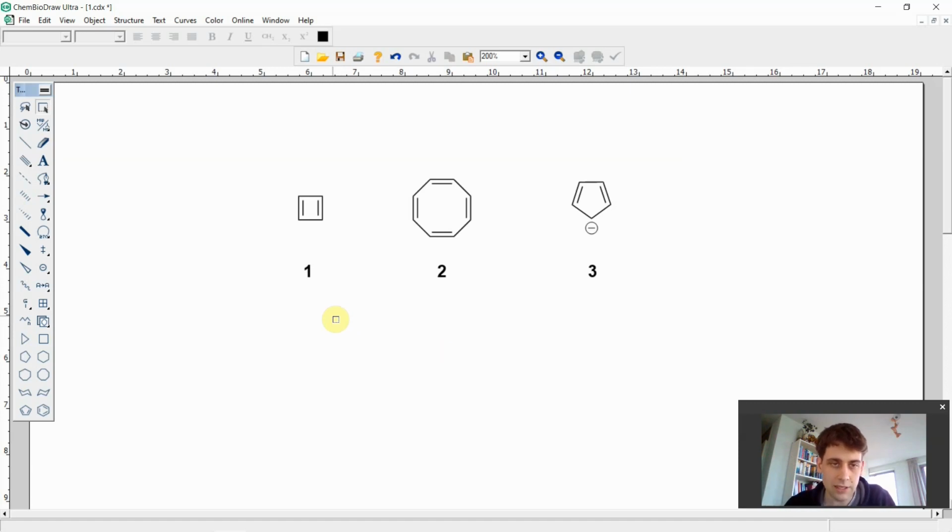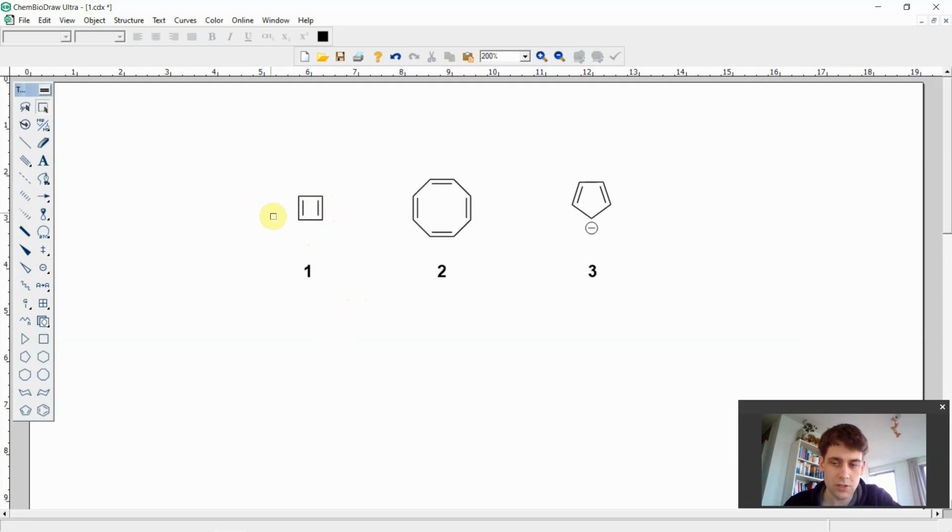And we can apply this rule to the molecules on screen. First we see this molecule here, so it looks like a cyclobutadiene. It's a cyclic molecule, 4 carbon atoms in the cycle, okay, nice. It looks also planar. And then we have a look at the number of double bonds here, 1, 2.